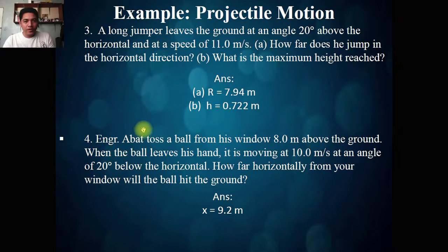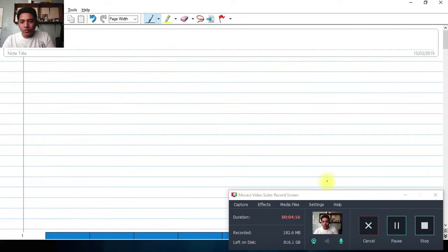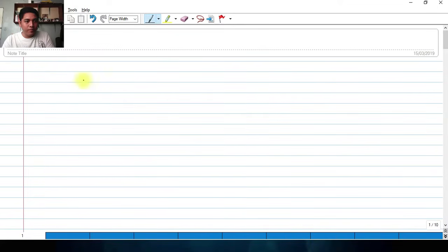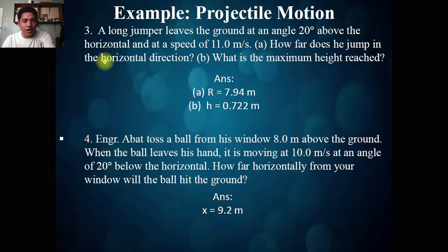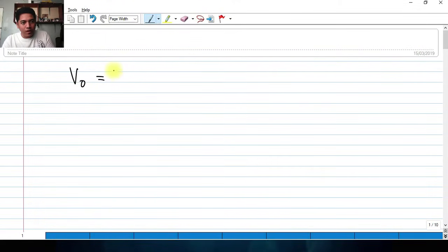So let's try to solve some problems. A long jumper leaves the ground at an angle of 20 degrees above the horizontal at a speed of 11 meters per second. So what we are going to do here is, first, write the given: v naught, the initial velocity of the jumper, is 11 meters per second.